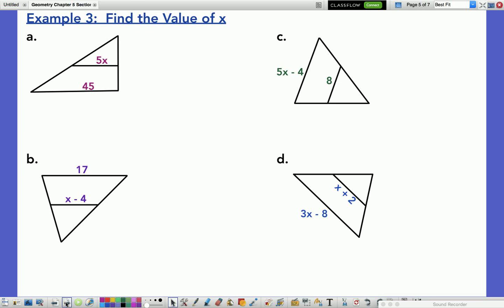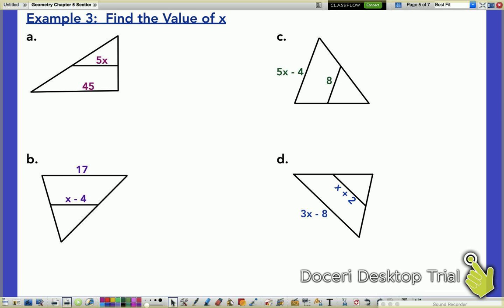All right, so these can get confusing, but you have to make sure that you set this up the correct way. And what I mean by that is make sure you get the half on the right thing. Okay, so 5x is the mid-segment. That's half of the base.